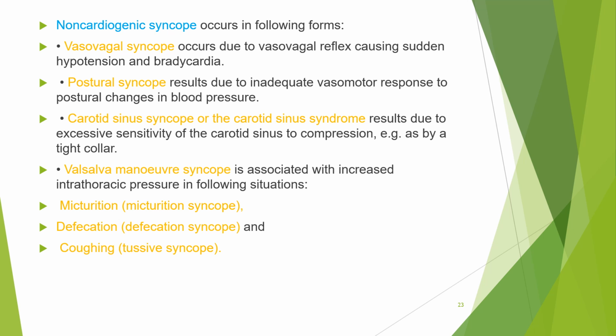So these are the Valsalva maneuvers, that is increased pressure in the intrathoracic area. During these situations, it will lead to syncope. This is called Valsalva maneuver syncope. So these are the non-cardiogenic syncopes: vasovagal syncope, postural syncope, carotid sinus syndrome or carotid sinus syncope, and Valsalva maneuver syncope.